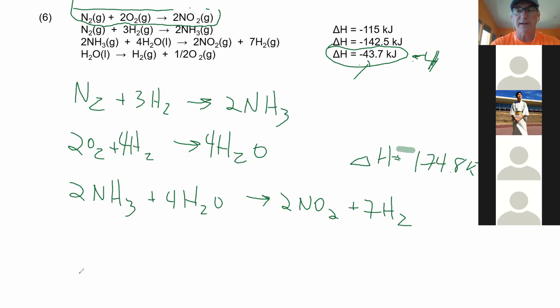Let's start adding these things together and see if it works out. So how much nitrogen do I have as reactants? 1 mole of nitrogen. Yeah. And how much hydrogen? 7.